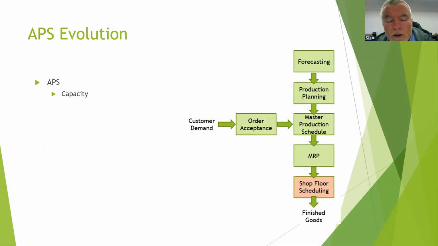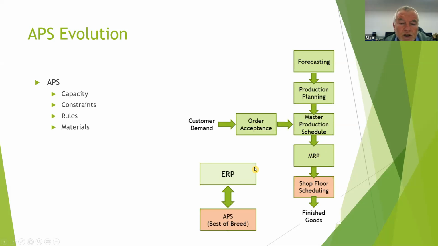This is probably one of the more interesting subjects. We spoke about the APS, the current manufacturing planning and control hierarchy or system structure, having shop floor scheduling way down the back there. And we said that they run a master schedule and an ERP and order acceptance. So let's look at how this has changed.